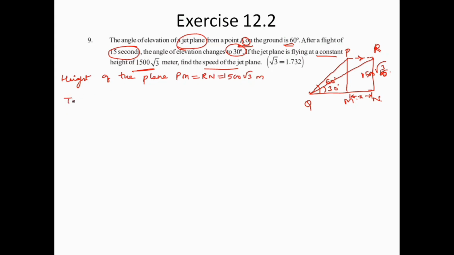Now I'm taking this as tan 60, that is your opposite side. Opposite side is how much? 1500 root 3 by your adjacent. Your adjacent side is how much? QM. I hope this is clear to everyone. So tan 60 is 1500 root 3 by QM.